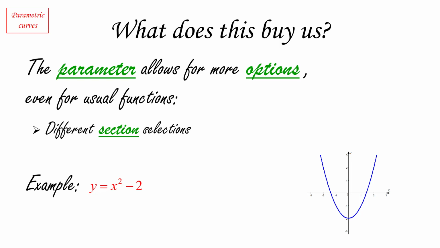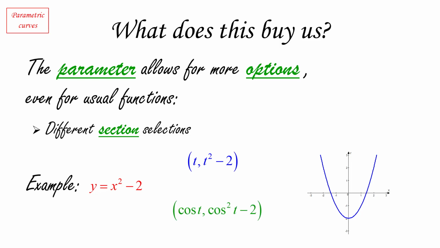Also, what we can do is use a parameterization to select a certain section of the graph. So if I look again at my basic curve, x squared minus 2, I'm looking at the whole parabola going all the way from negative infinity to infinity. But for some applications, I may only want a chunk of that parabola. And so what I can do is, instead of using the standard parameterization, I can use this one.